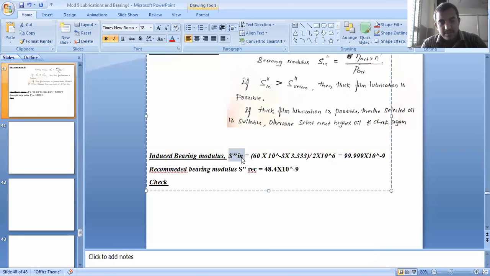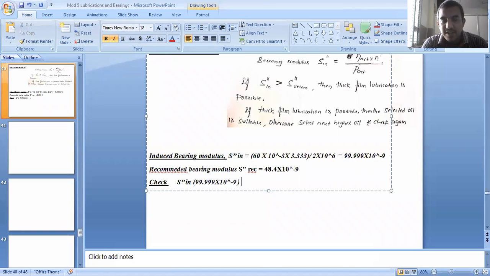The induced bearing modulus, how much is that? 99.999. Do all of you get the same value or different value? Don't simply believe that whatever your friends have calculated is right. You have to calculate and tell me.